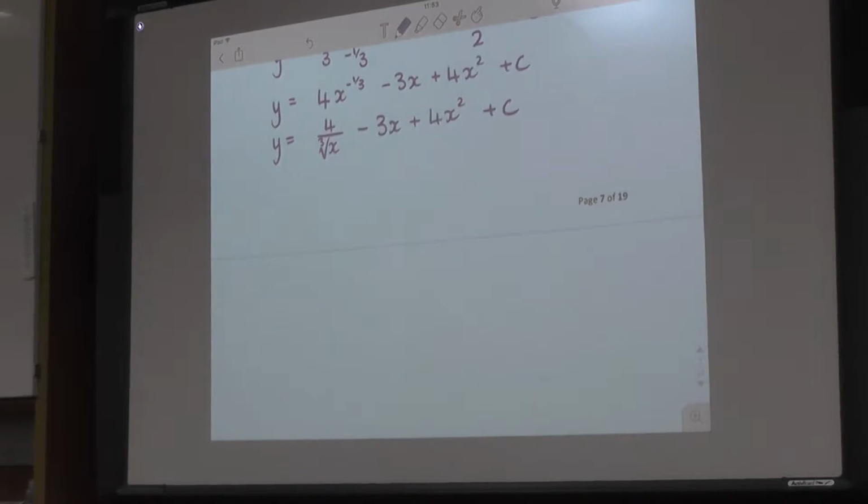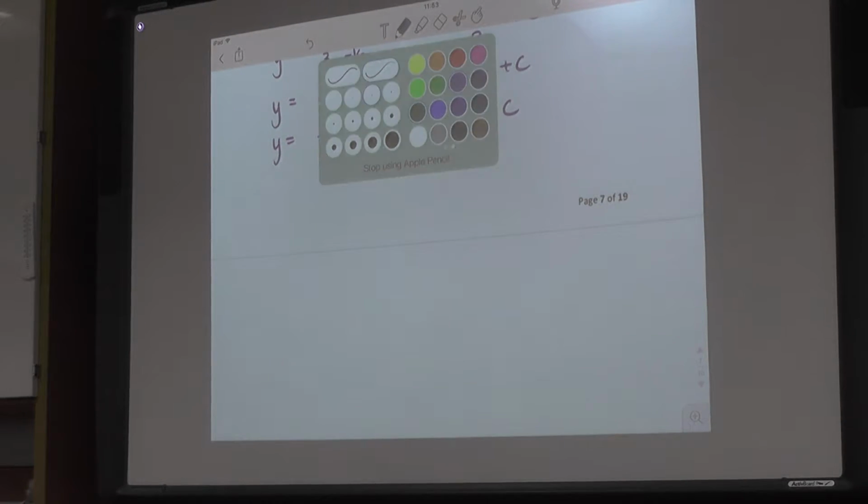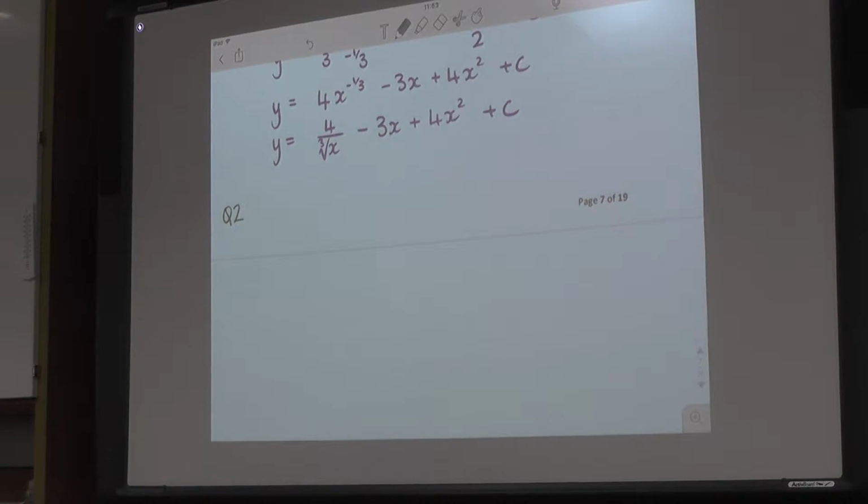So if you look at question 2 together, the first one, this time we would write f of x is equal to the integral of 12x. Okay, have a go at doing the column on question 2, and see how we'll go with that as well. So these are up to exam standard already.